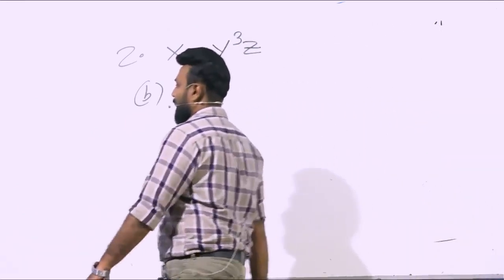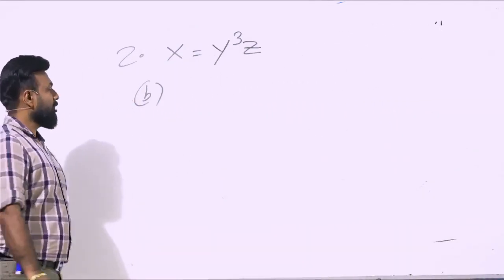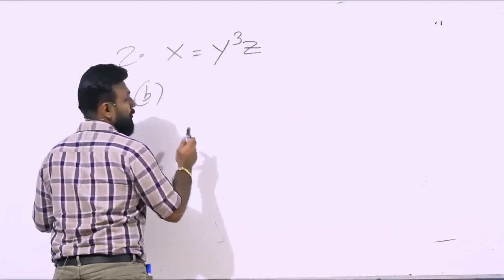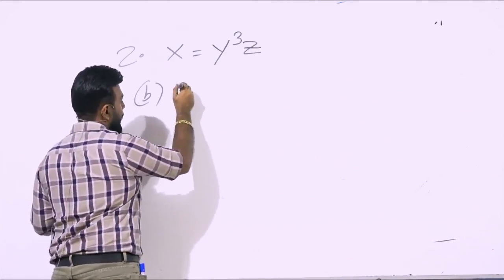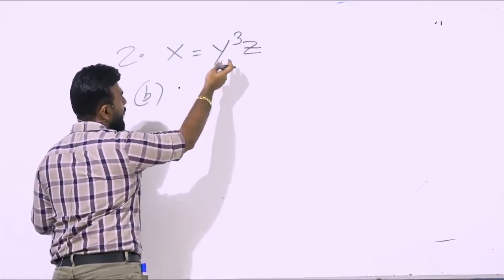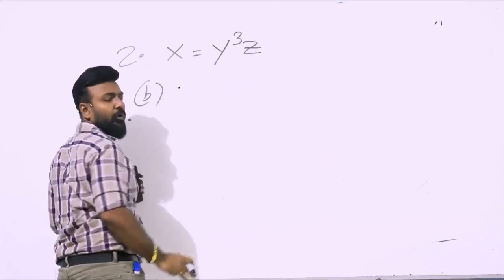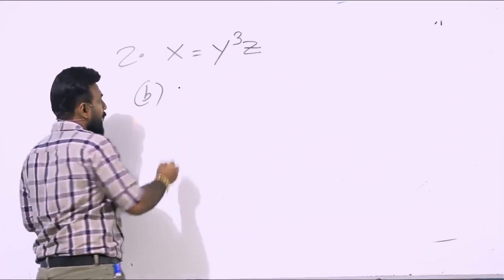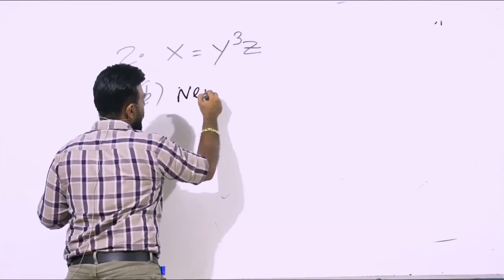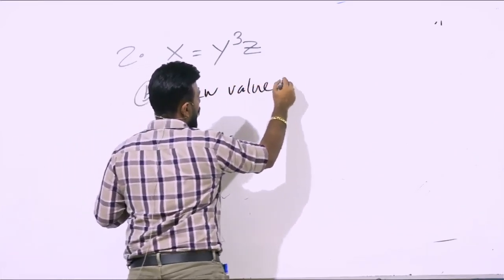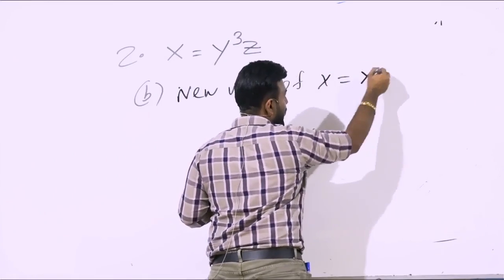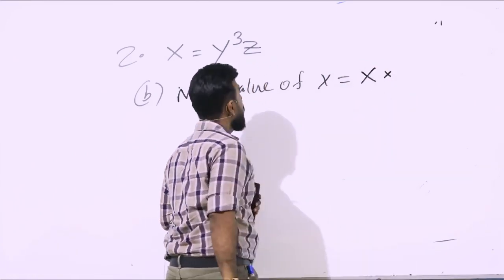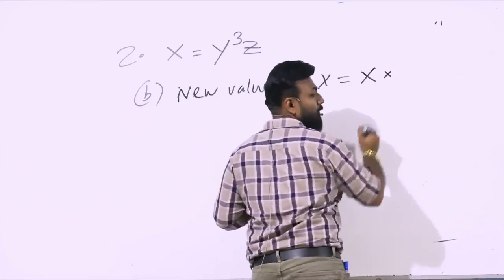Okay, see this one. No need to write proportionally because both are there. I'm just writing the new value of x: initial value into y, which is now what?